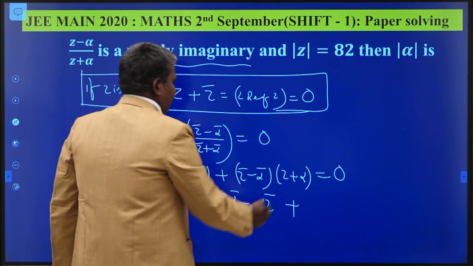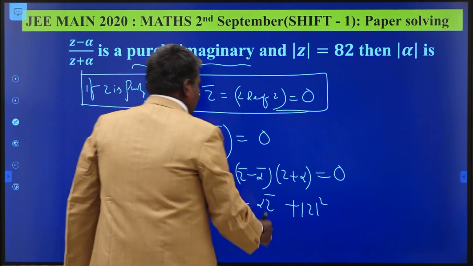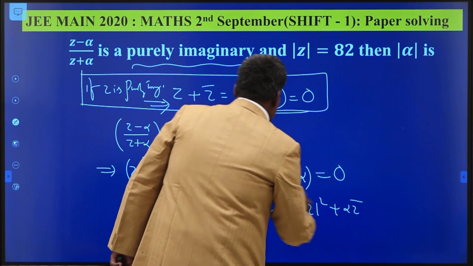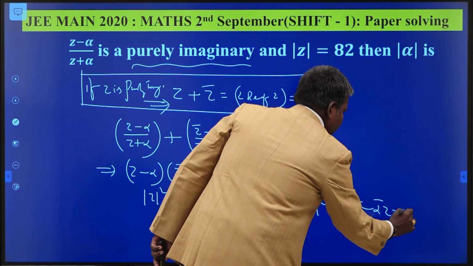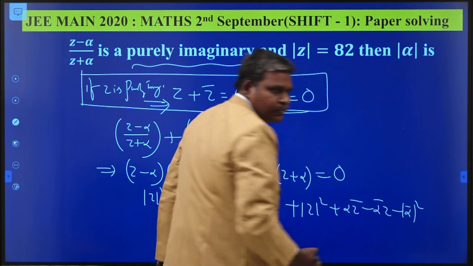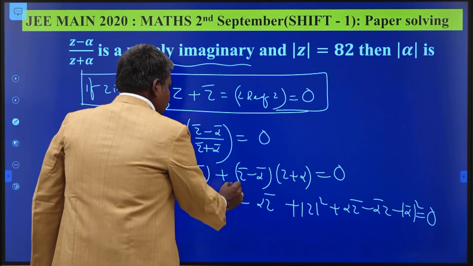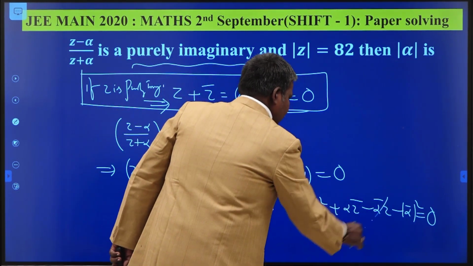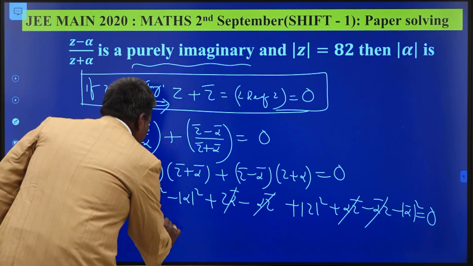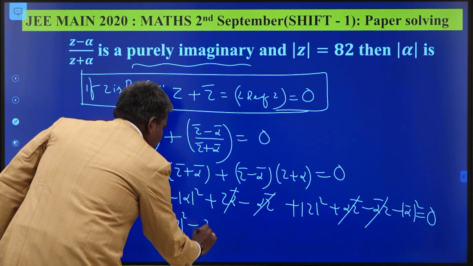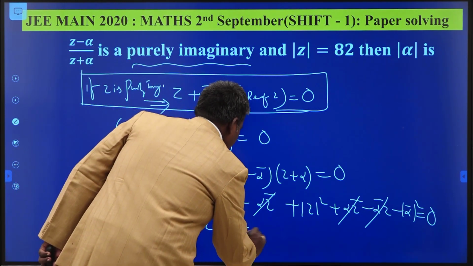Again you have z̄ z, that is |z|², plus αz̄ minus zᾱ, again minus |α|², is equal to 0. Next, zᾱ and −zᾱ get cancelled, αz̄ and −αz̄ get cancelled. 2|z|² minus 2|α|² is equal to 0.